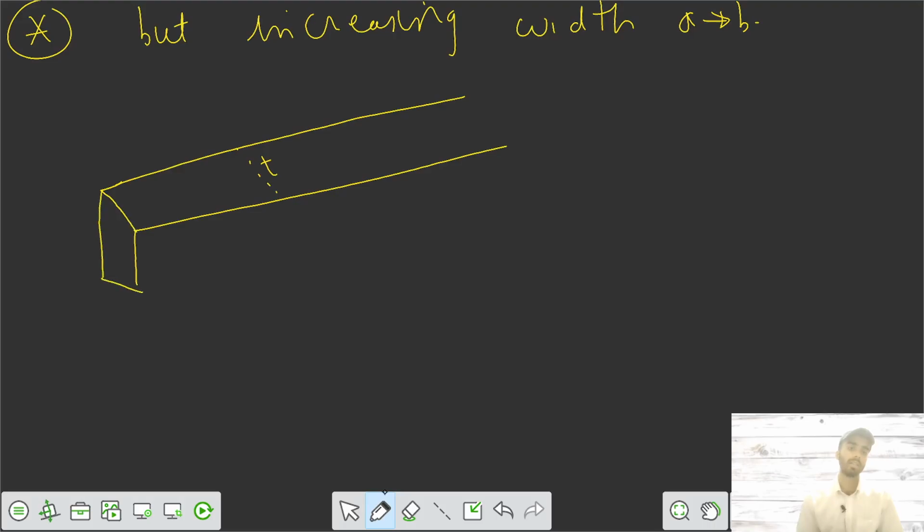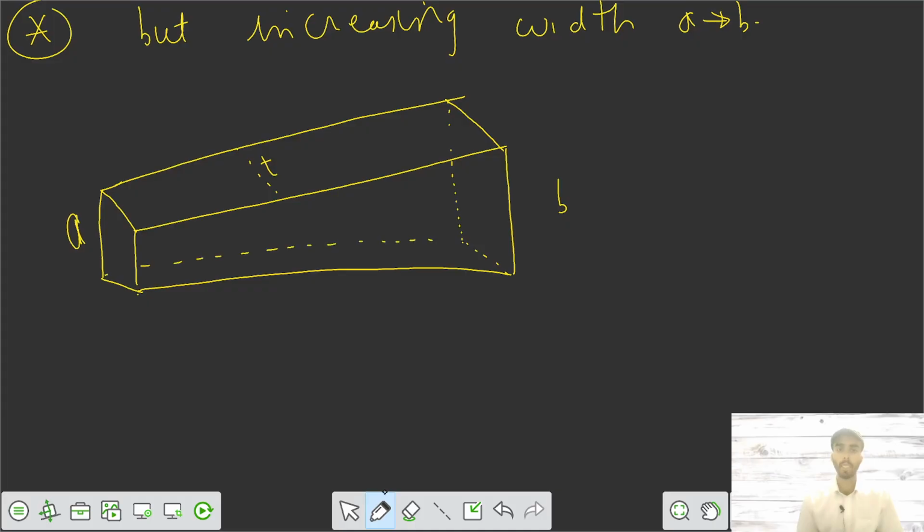Say the width here is A, and at this section the width is B. So your A is the width here, and the width is changing to B when you move to length L.